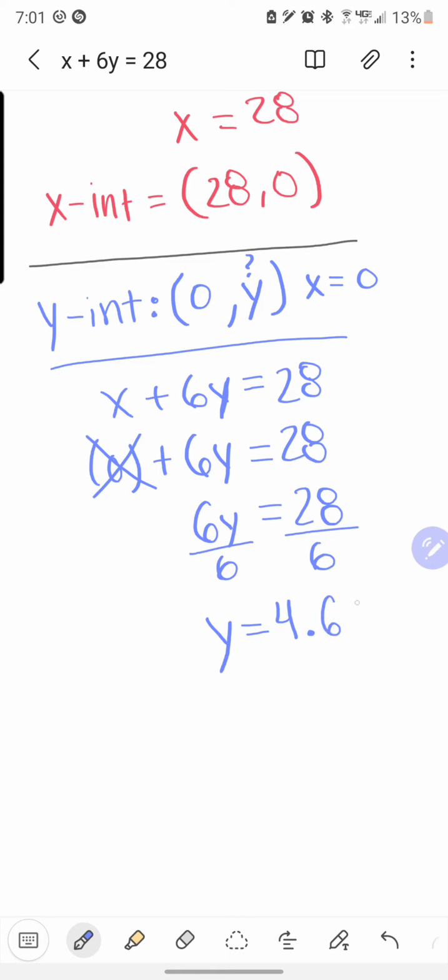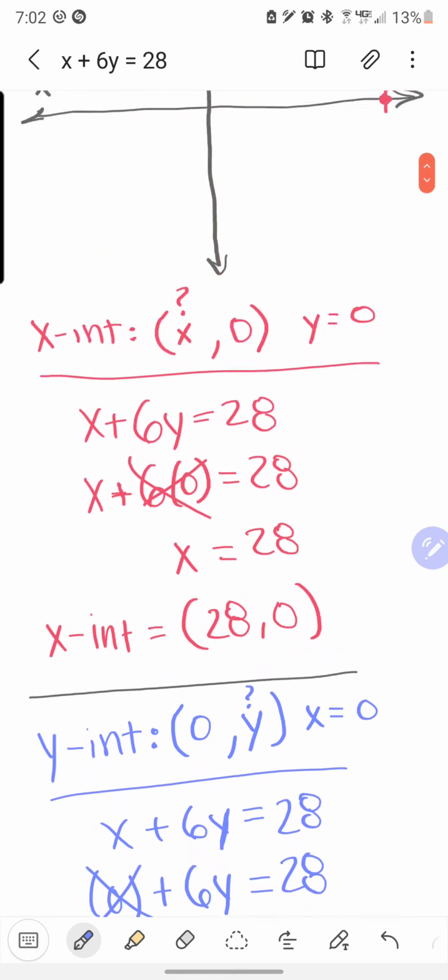So we're going to have 4.67. Now we know our y-intercept. Our y-intercept is 0 for our x, which is always 0, and then our y is 4.67.